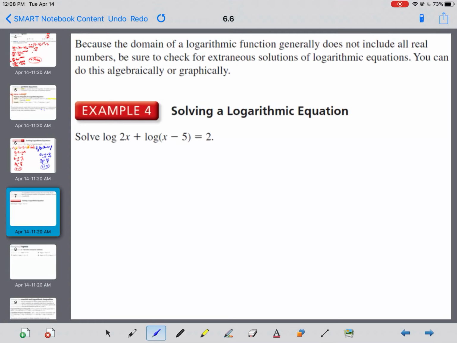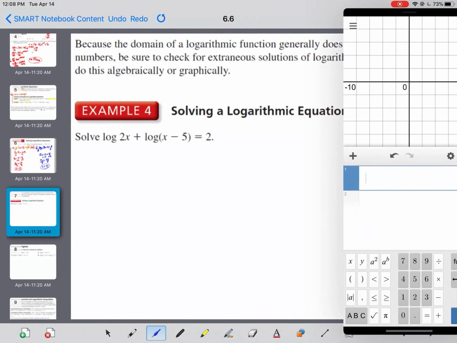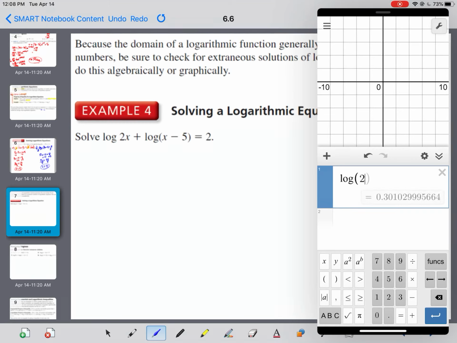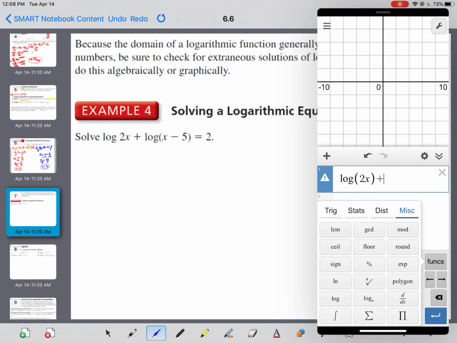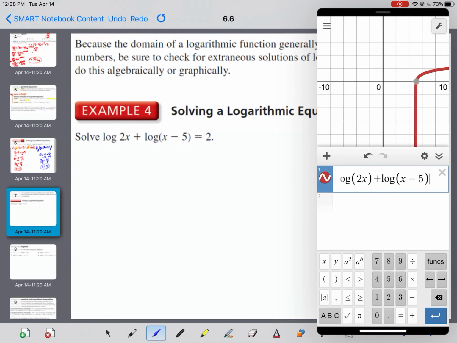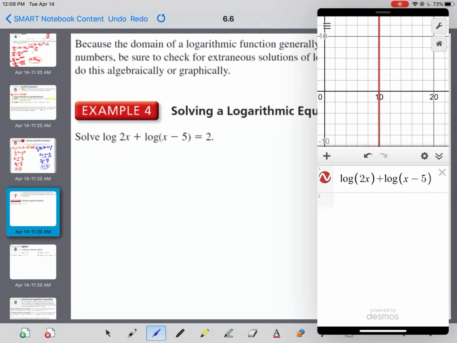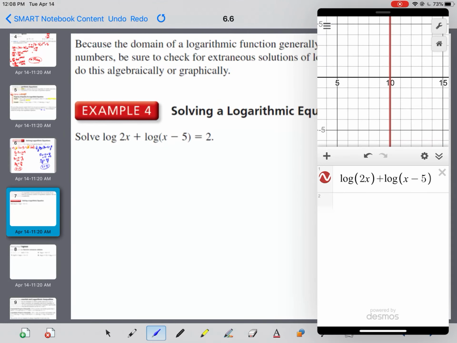Because the domain of a logarithmic function generally does not include all real numbers, be sure to check for extraneous solutions of logarithmic equations. You can do this algebraically or graphically. Okay, so if we graph something like the log of 2x plus the log of x minus 5 equals 2.